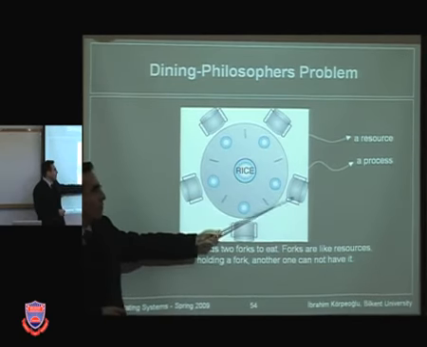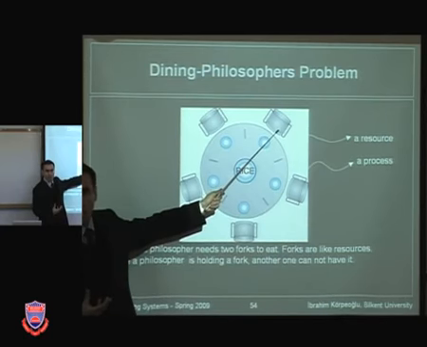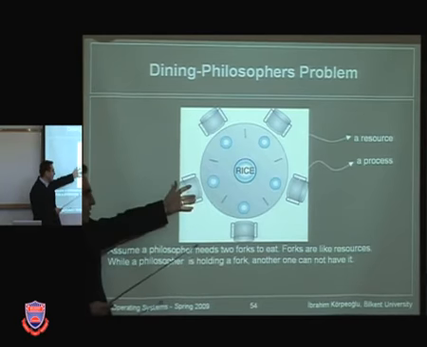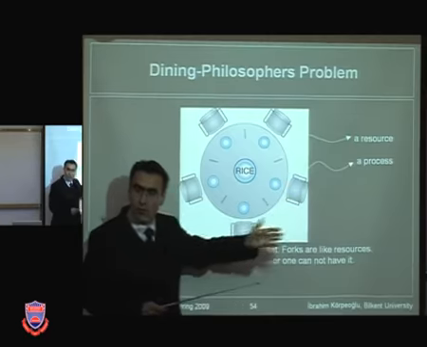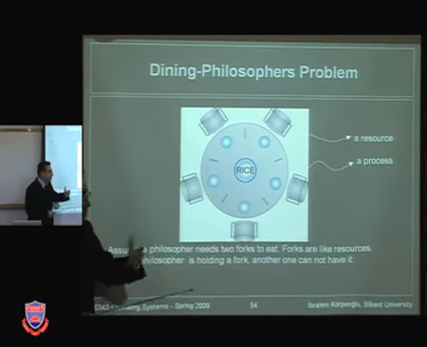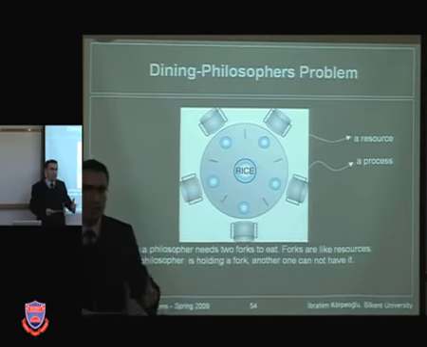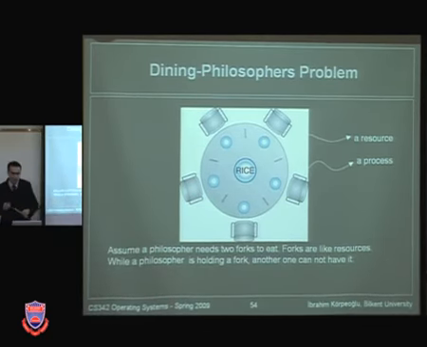So either that or that should be able to eat, if they want to eat, of course. So the solution should provide concurrency. While this one is eating, if that one would like to eat as well, it should be eating as well. If your solution, for example, causes only one process to eat at a time, then it is a solution, but it is not efficient. It is not providing the maximum concurrency that is possible.